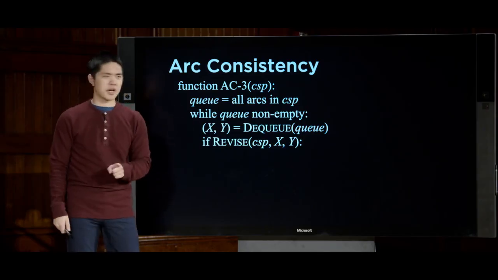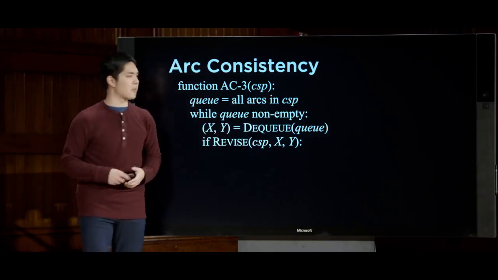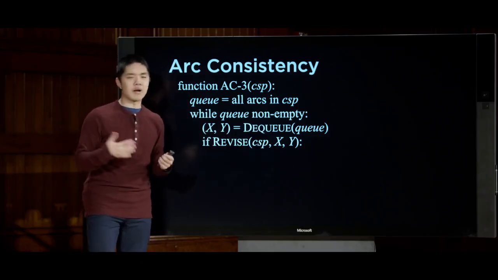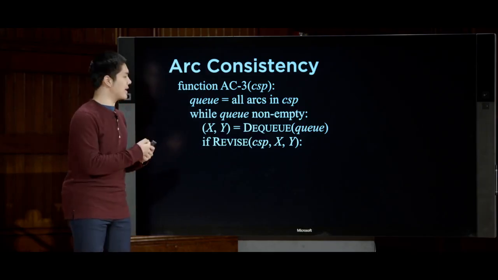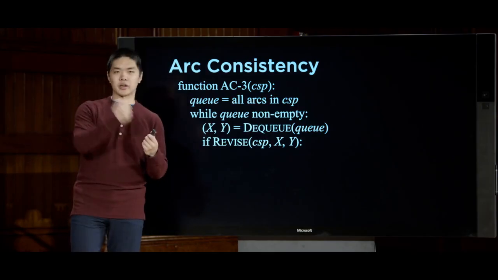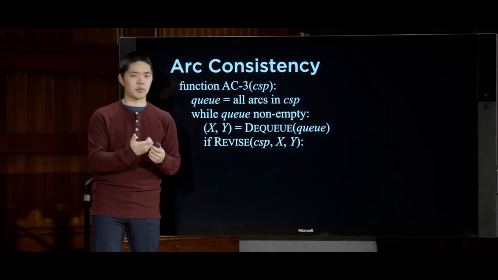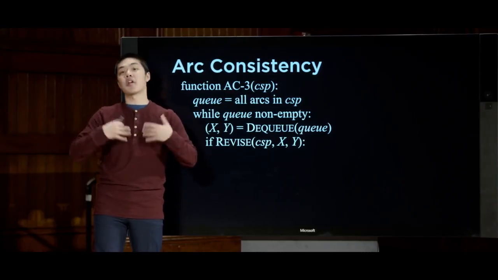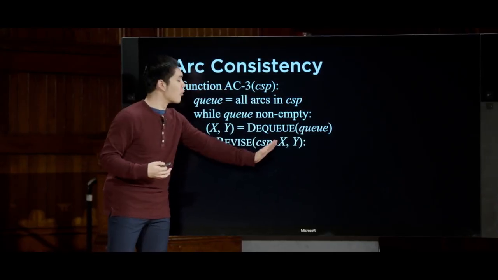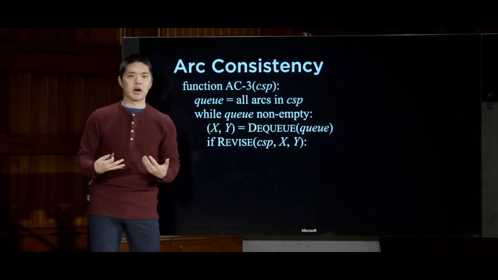But if we did make a change, if we did reduce x's domain by removing values from x's domain, then what we might realize is that this creates potential problems later on, that it might mean that some arc that was arc consistent with x might no longer be arc consistent with x, because while there used to be an option that we could choose for x, now there might not be, because we might have removed something from x that was necessary for some other arc to be arc consistent.